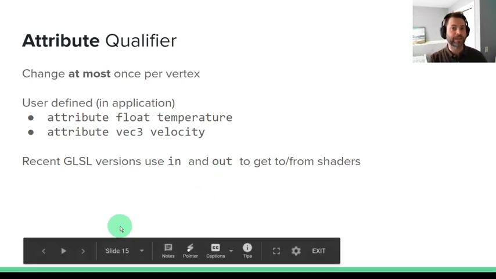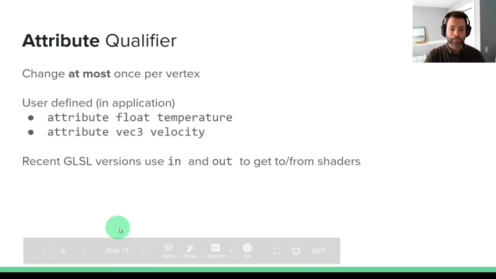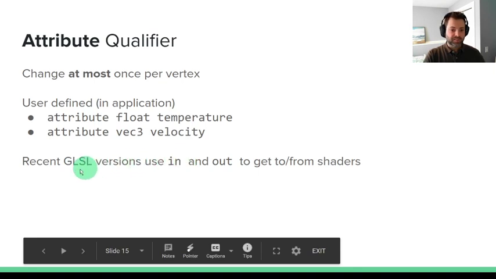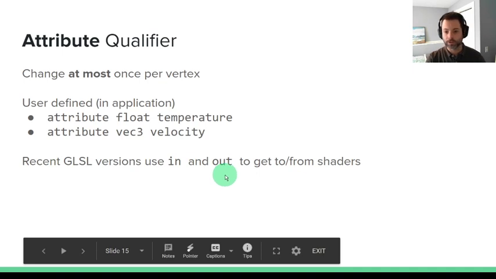Okay, so it can change, if you have like an animation loop, they can keep changing, but it's only changing once. And what you're going to see too is that we're using GLSL1. GLSL2 is going to use the in and out decorators instead of attribute. Just be aware that if you start going out and looking for tutorials, you're going to see in and out in some of those shaders out there.